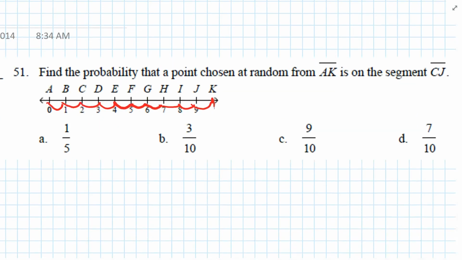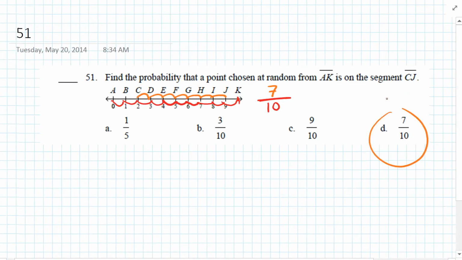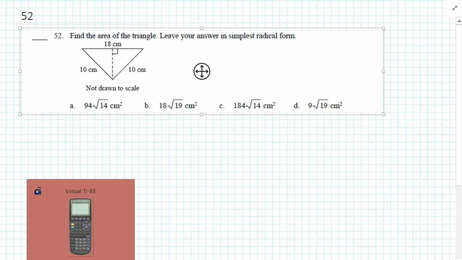So the length of AK is 10, so that's my sample space, so that's the denominator. And we want to find the probability of landing on CJ. Well, that's 1, 2, 3, 4, 5, 6, 7. So there's 7 out of 10 opportunities, or 70%. My answer is D.